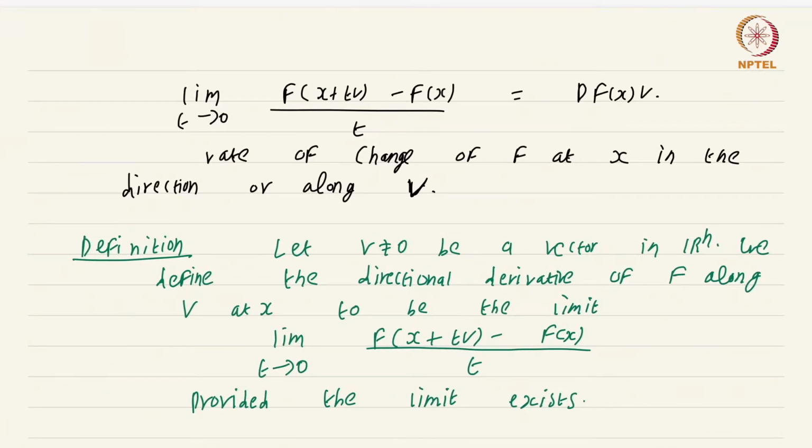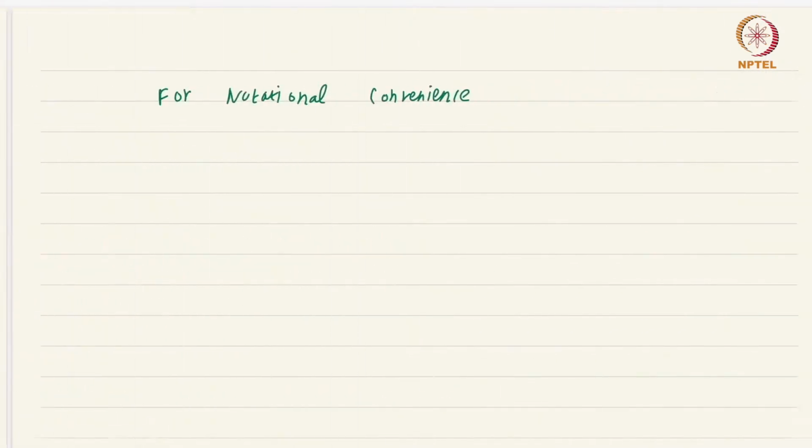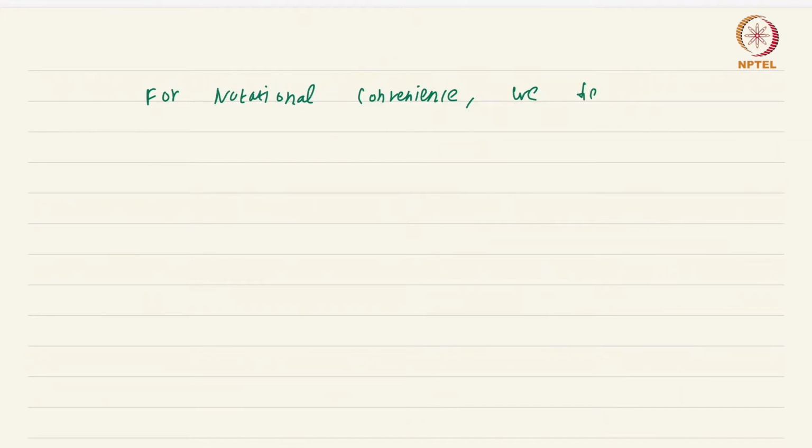This directional derivative of f at x along v is denoted D_v f(x). For notational convenience, we define D_0 f(x) to be just 0. So the directional derivative along 0 is defined to be 0 just by convention. It's a formal definition.